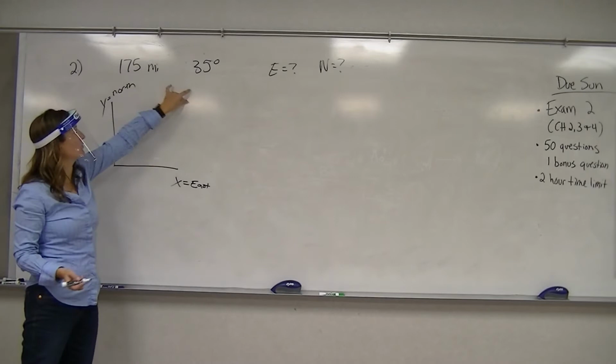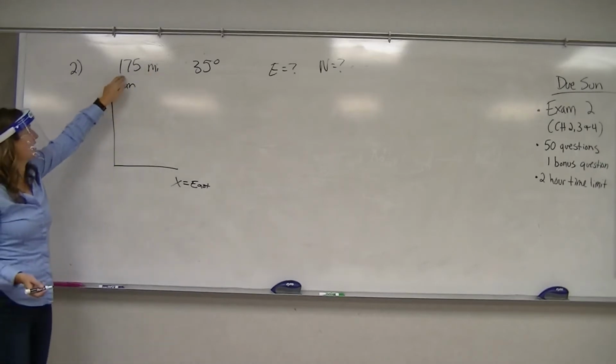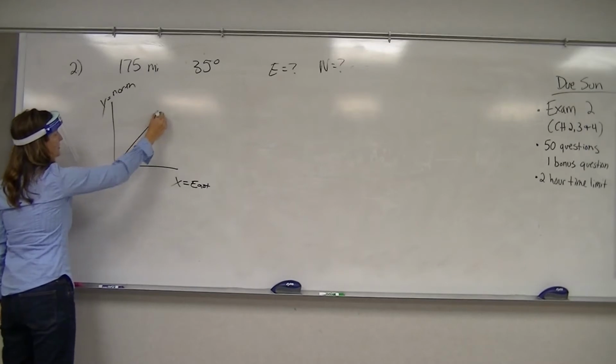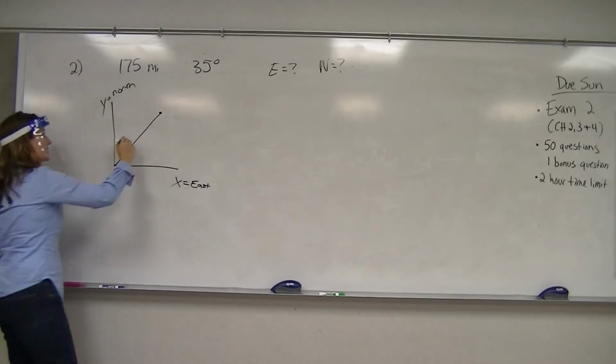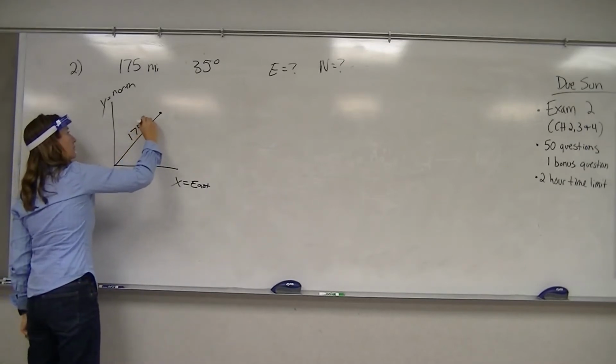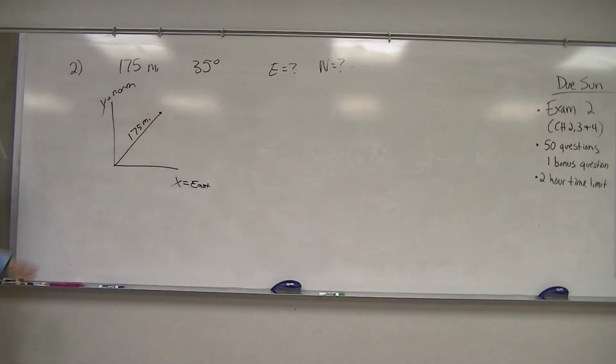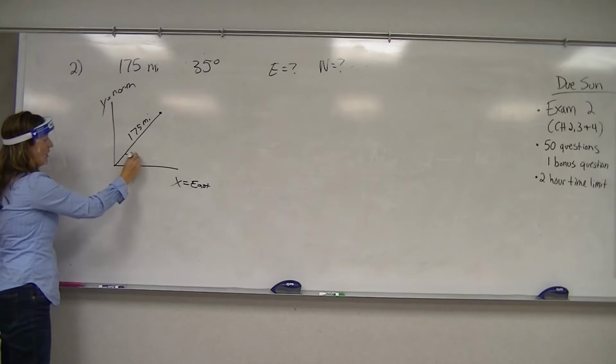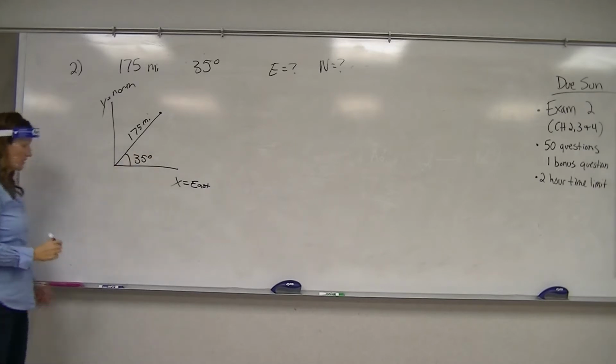So these other two variables, this 175 miles, that's how far the plane went. This distance here. The 35 degrees, that's the angle at which the plane was flying at.